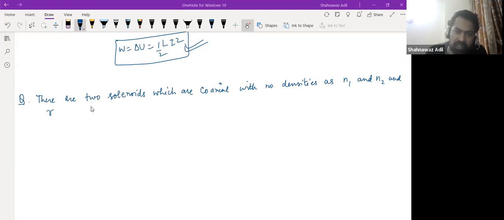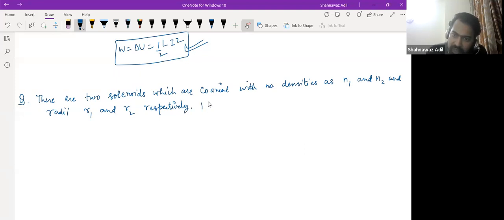There are two solenoids which are coaxial with number densities n1 and n2, and radii r1 and r2 respectively.